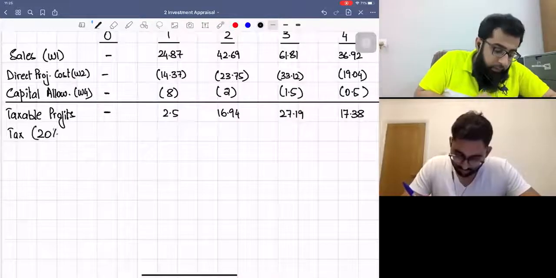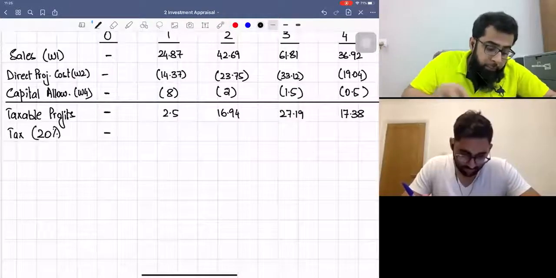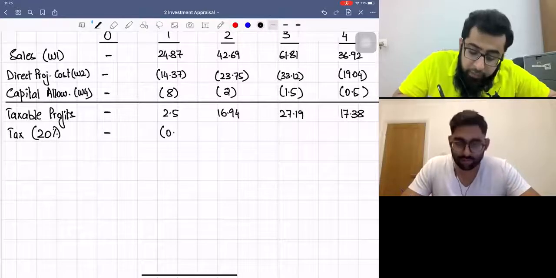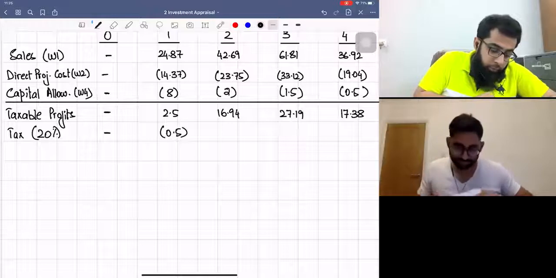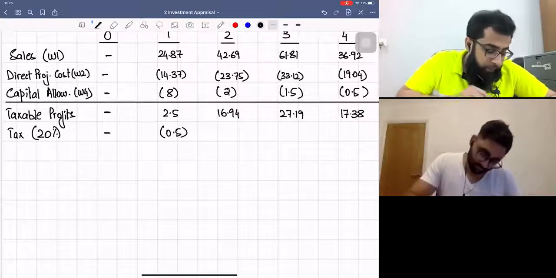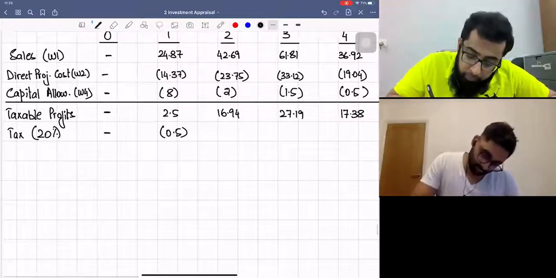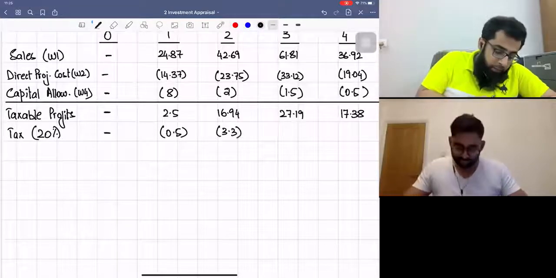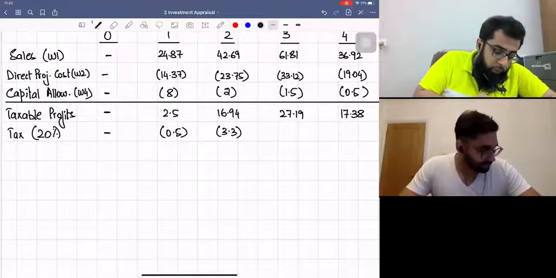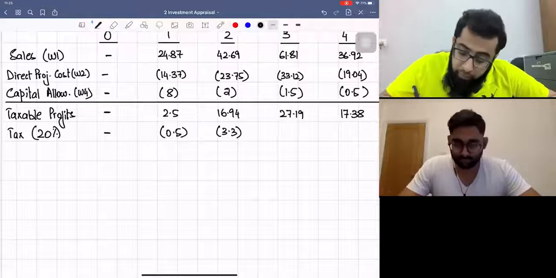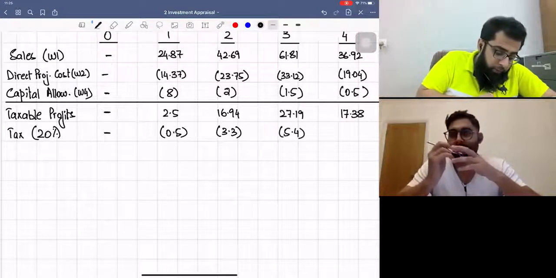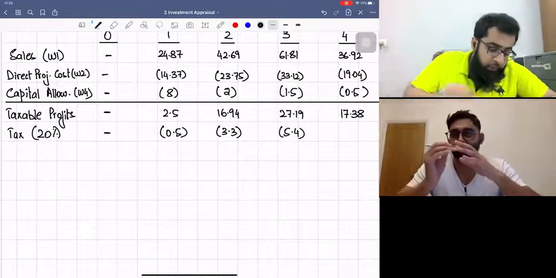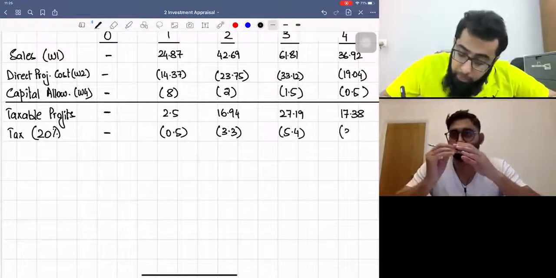It is written that it will be paid in the same year, in the last line of the question before the requirement. So 27.19 into 0.2 is 5.4, and 17.38 into 0.2 is 3.4.